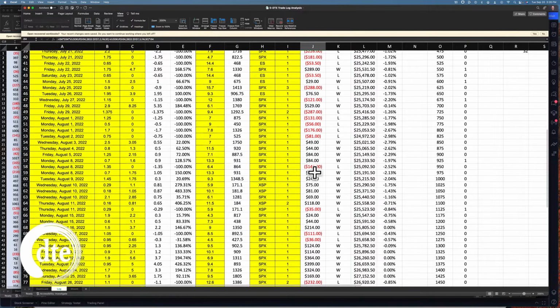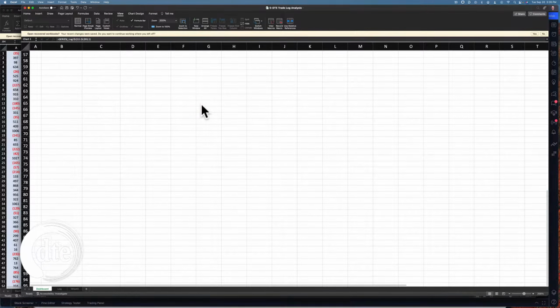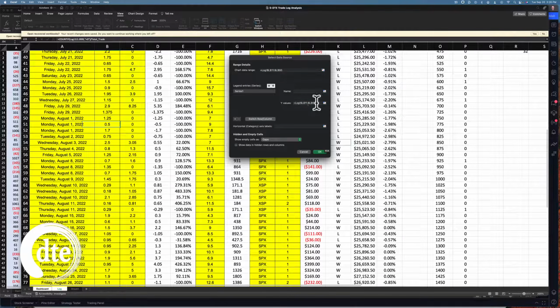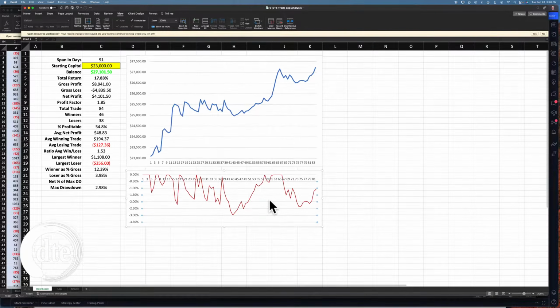All right. So the next thing to do is to go over and redo the charts. The charts I need to tell it that I'm using that extra row. So I have to tell it that I'm using the 94th row. And do the same thing with this guy here.